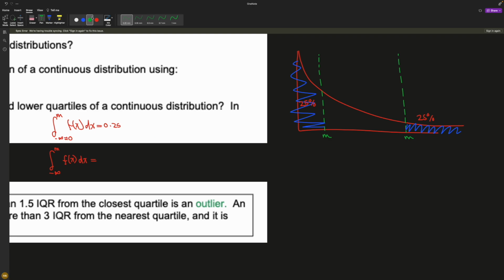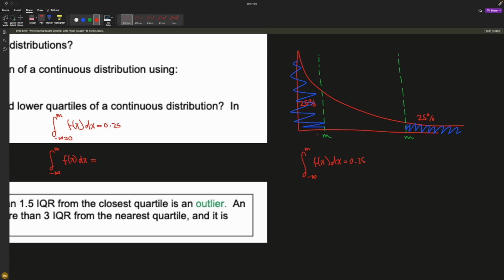So what are the couple ways? There are 4 ways to do all of them, and 2 ways to do each. So if I were to integrate from 0 or negative infinity to my m, that would be 25%. So this would be f of x dx equals 0.25.